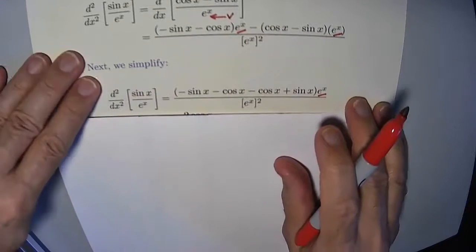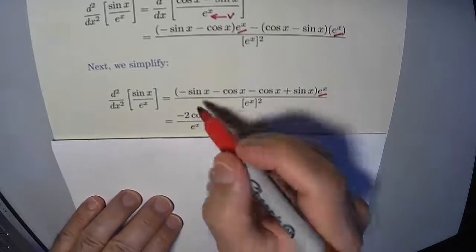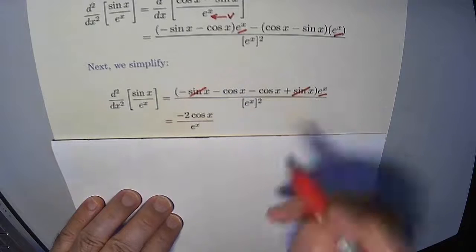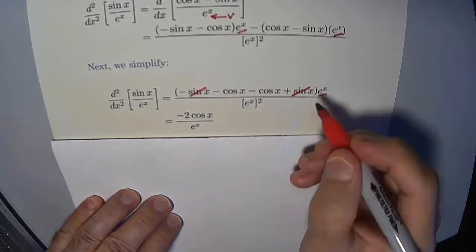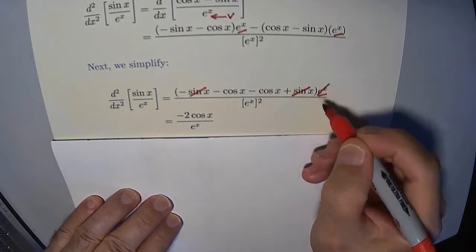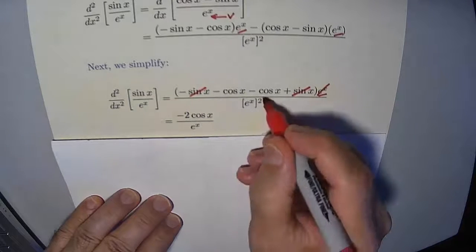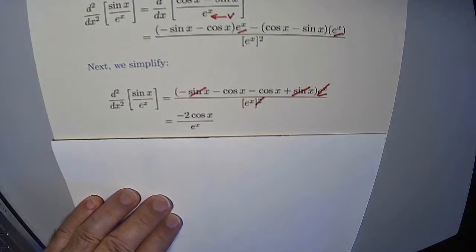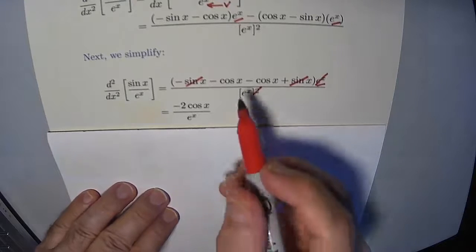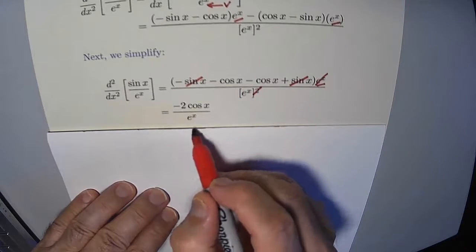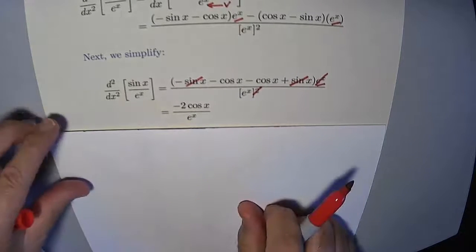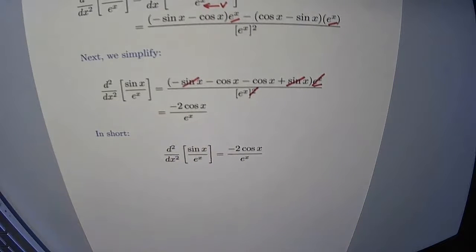Here I get a cancellation of negative sine and positive sine. I also get to cancel e to the x with one of the e to the x's down below, and end up with minus 2 cosine on top and e to the x at the bottom. So the second derivative is a simple expression that you see here.